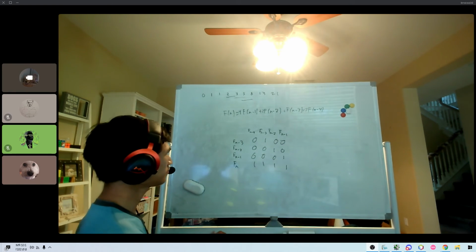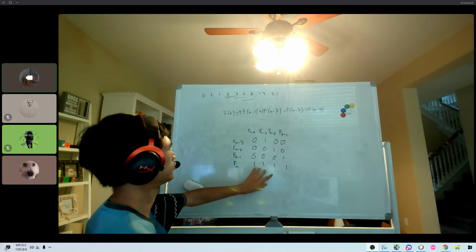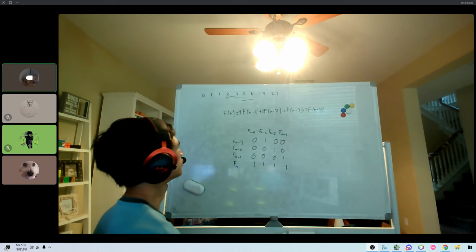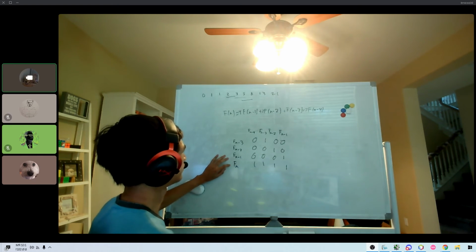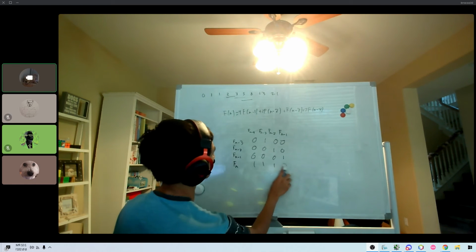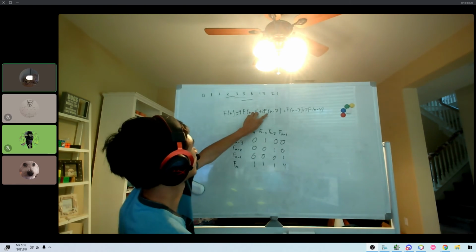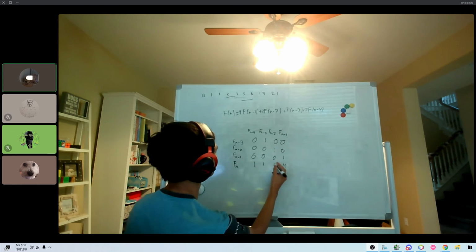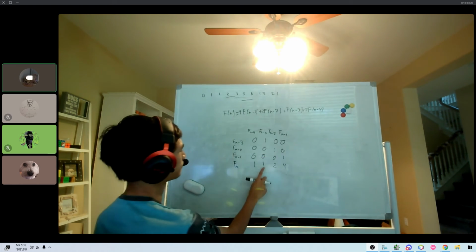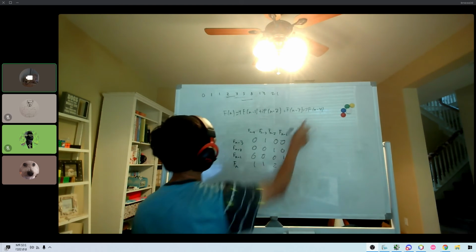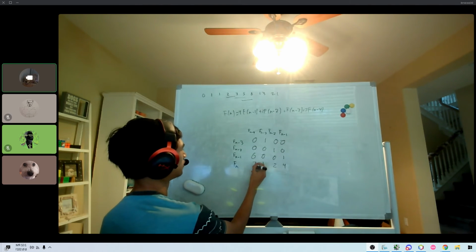So what happens is you just have to change this bottom row, right? So f of n is equal to 4 times f of n minus 1, so this becomes 4. 2 times f of n minus 2, so this will become 2. 1 times f of n minus 3, so we can leave this alone, and then 7 times f of n minus 4, so this will become 7.